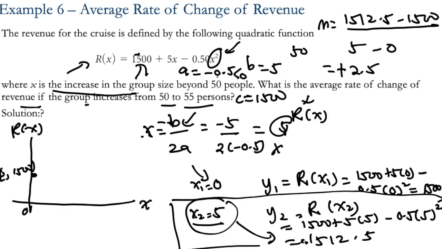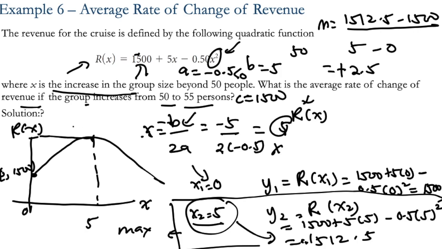And we know that since a is a negative value, this vertex is at the maximum point. So it may look like this. So this is the vertex. Here is 5, and here the value is 1,512.5. So the coordinate here is 5, 1,512.5. So that's how it looks.